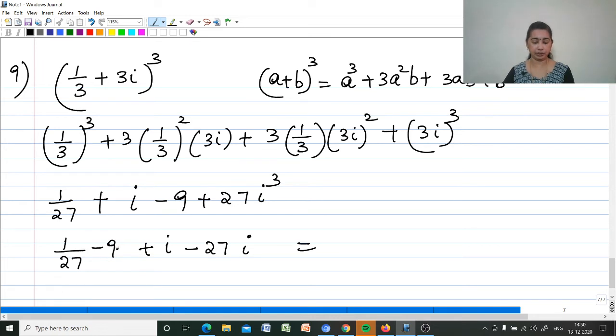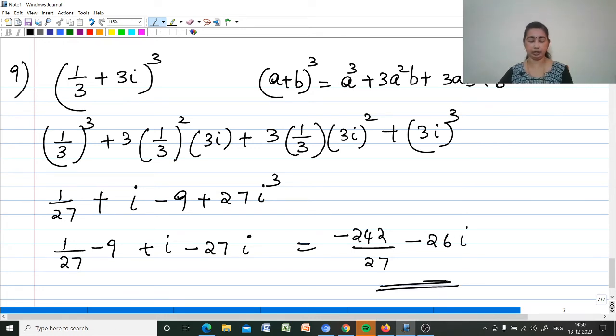So you can cross multiply, so that we are getting (1 − 243), that means −242/27. Then i − 27i is −26i. So it is already in the complex number form.